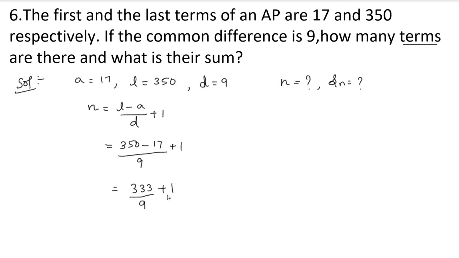When I cancel this, using the 9 table, 9 3s are 27, 9 7s are 63, so 37. So 37 plus 1 is 38. I am getting n is equal to 38. So the number of terms they asked is 38.